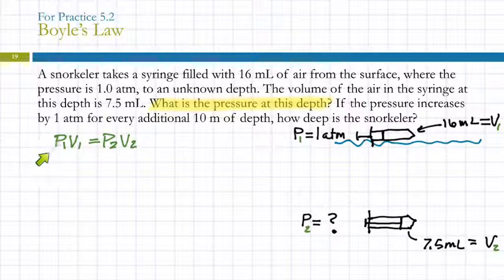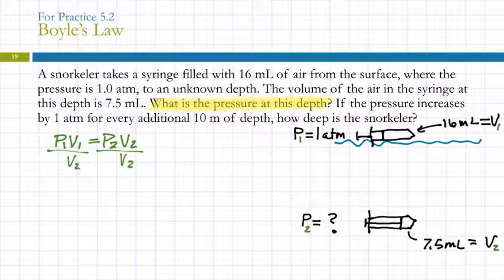So here I want to rearrange this equation before I stick the numbers in. And I'm trying to find P2. So I want to get P2 by itself. So I need to move anything that's with P2 to the other side. And I'm going to do that by dividing both sides by V2. If I do the same thing to both sides of an equation, it's still equal.